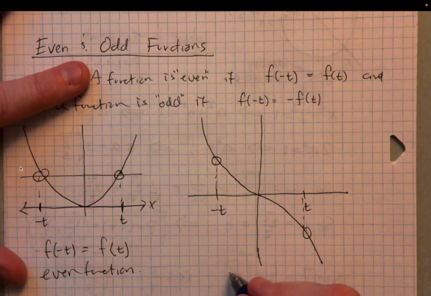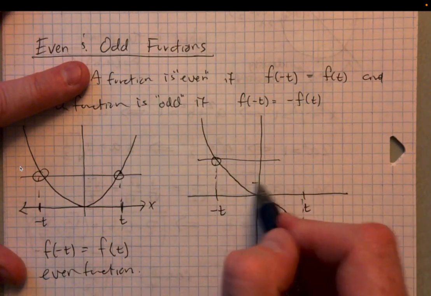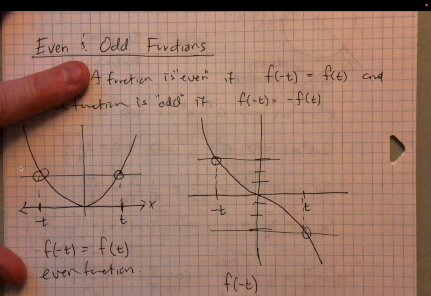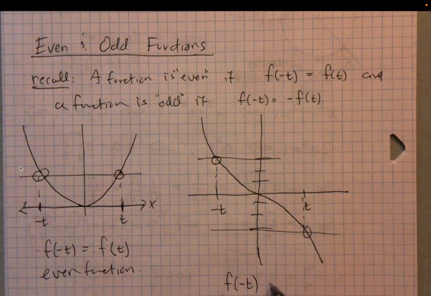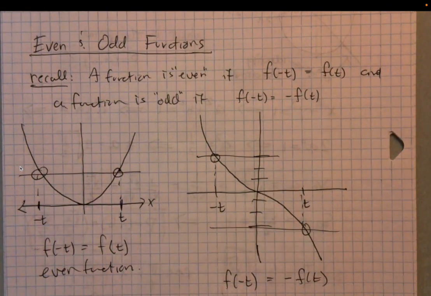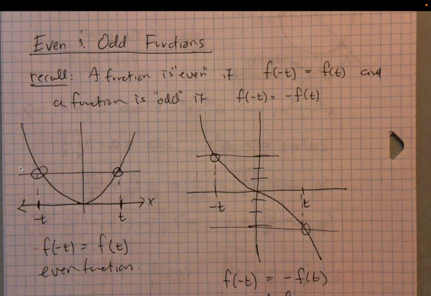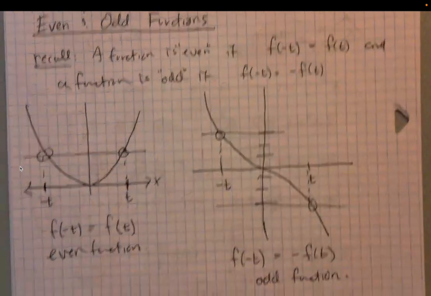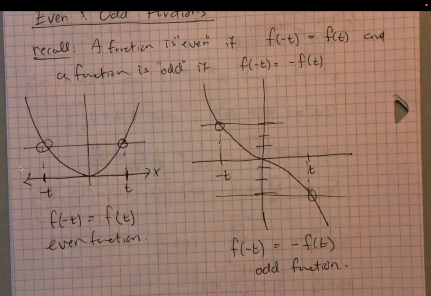You can see that these are the same values, so maybe 1, 2, 3, 1, 2, 3. f of negative t in this case is equal to negative f of t. Okay, and so this is an example of an odd function. Right, and so these are even and odd functions.